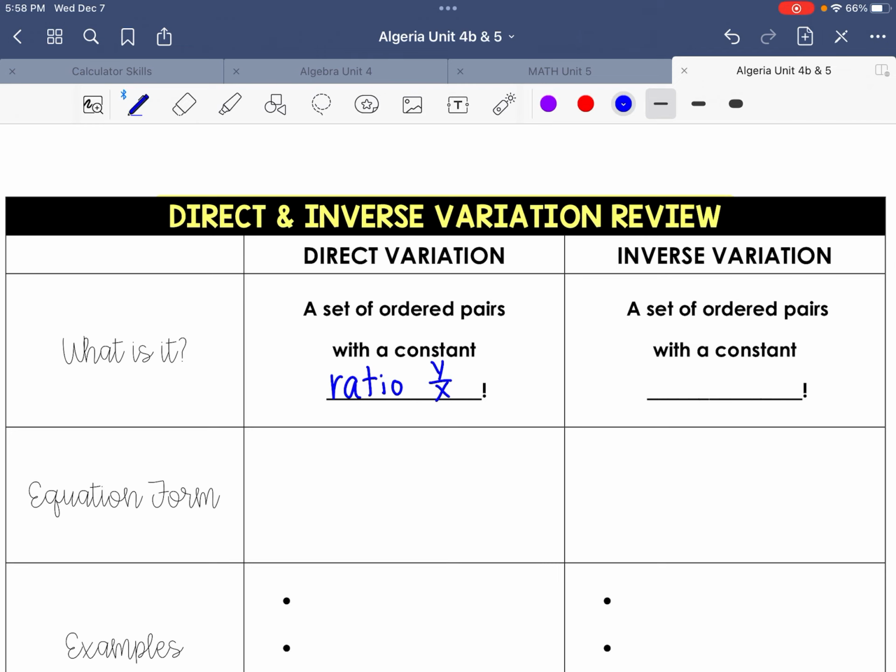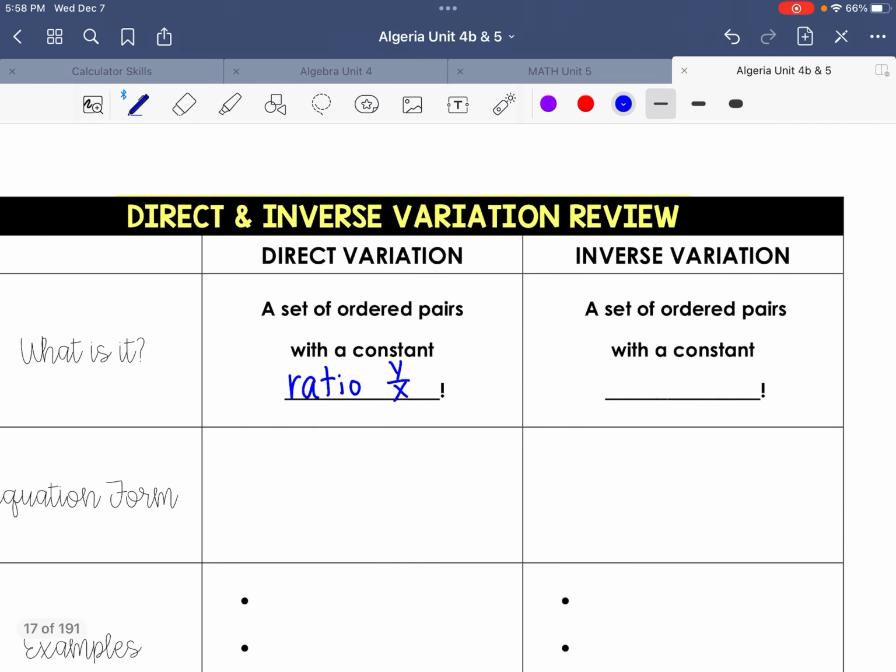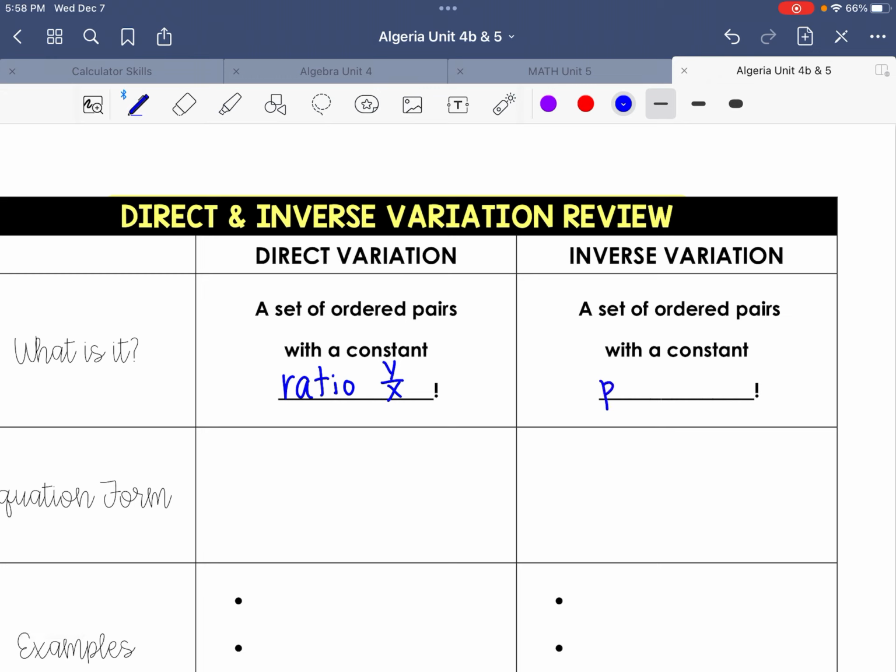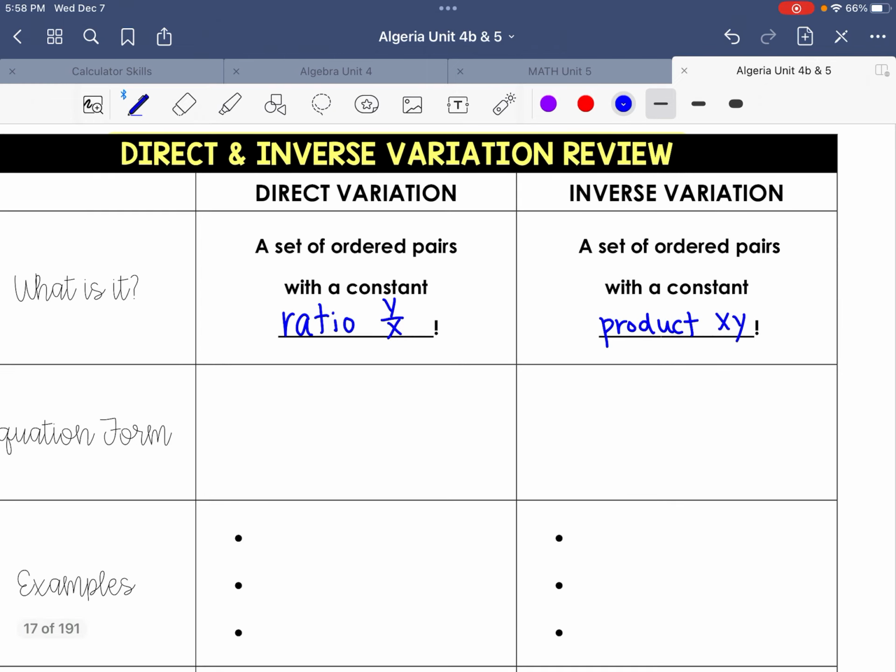As opposed to inverse variation. An inverse variation is a set of ordered pairs with a constant product. Every x times every y will give you the same value. So that's the difference. One's division, one's multiplication.